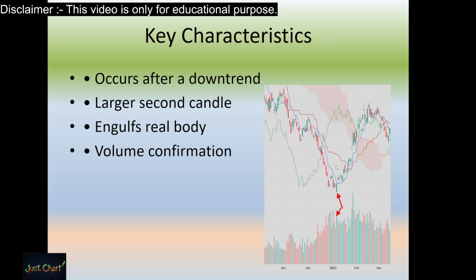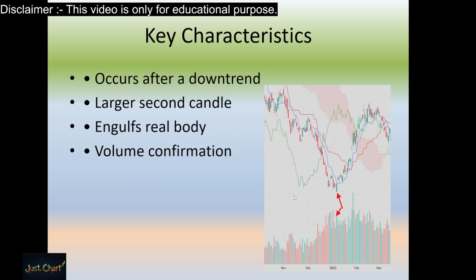Key characteristics of this pattern. It occurs after a downtrend. A continuous downtrend is going on, and when that individual stock is about to reverse its direction, the pattern appears at the bottom.